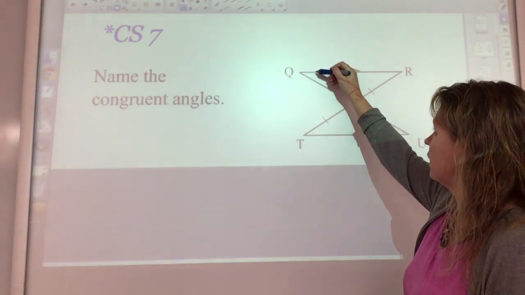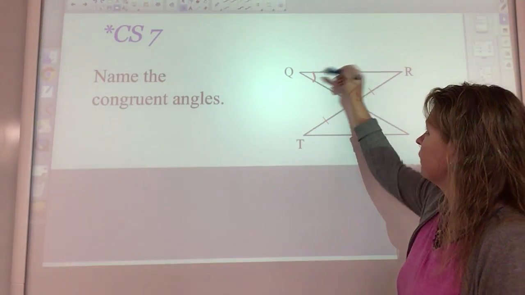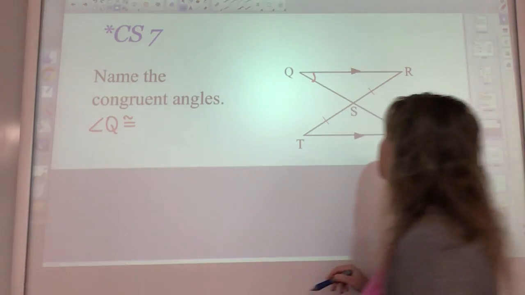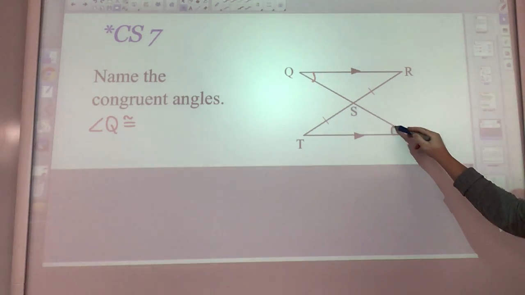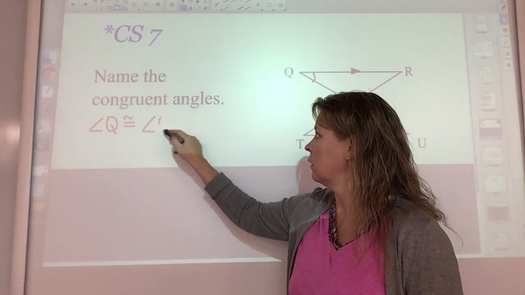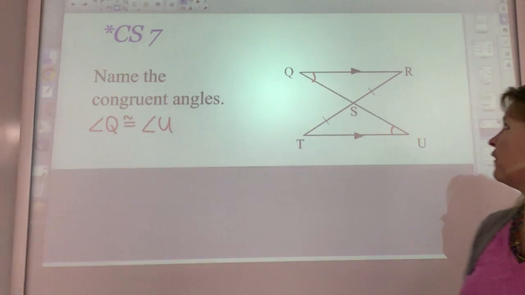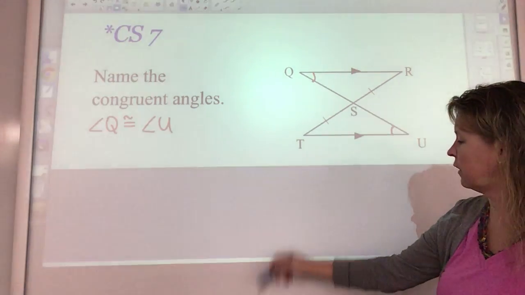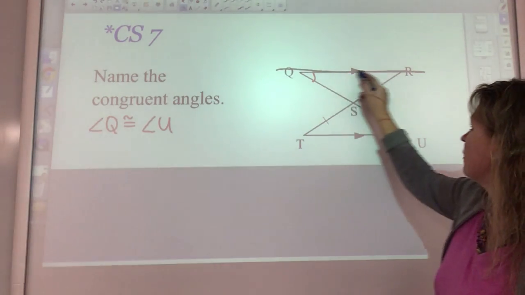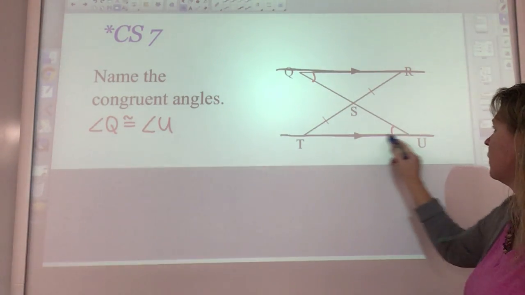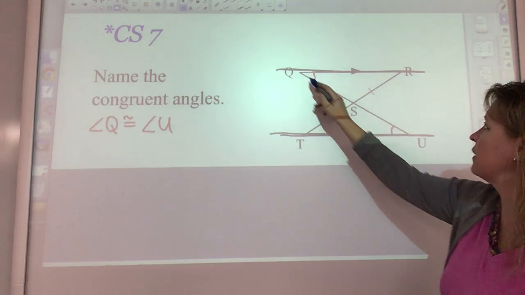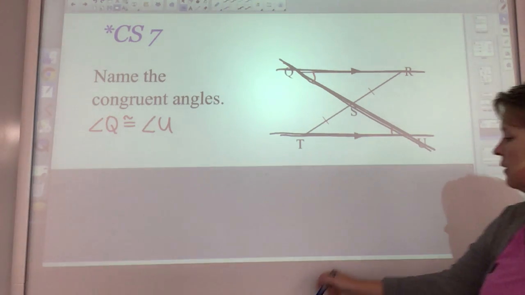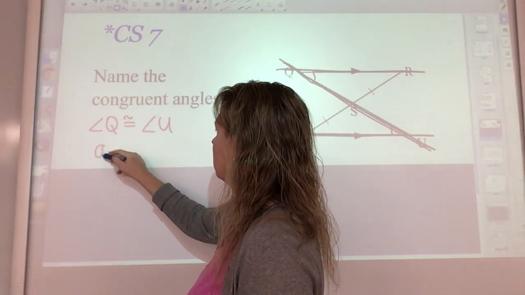If I pick angle Q up here, it is congruent way over here to angle U. And you're going to try to figure out why those are congruent. If I took this segment or line with this segment or line, and tried to ignore TS and just went this way, you might be able to see pretty easily that those are alternate interior angles.